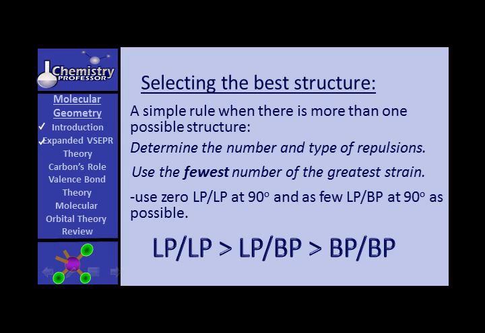A good way to put it is like this. Lone pair, lone pair is more than lone pair, bond pair, which is more than bond pair, bond pair, because your lone pairs have your greatest strain. Your bond pairs have your lowest strain. So have as many bond pairs as you need at 90 degrees, but not the lone pair. Now granted, we're only working with 90 degrees. Working with repulsions at other conditions is something for a later lecture.